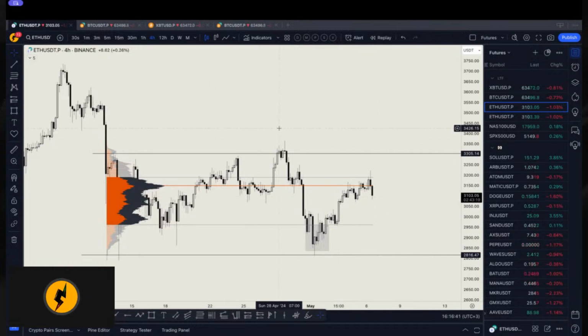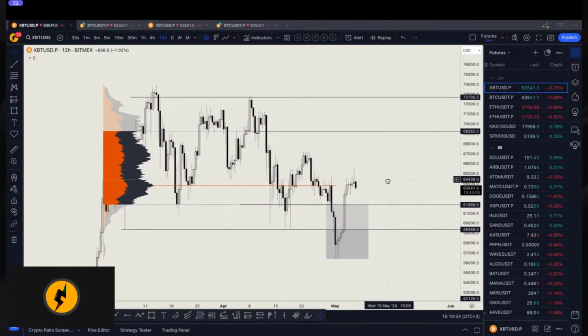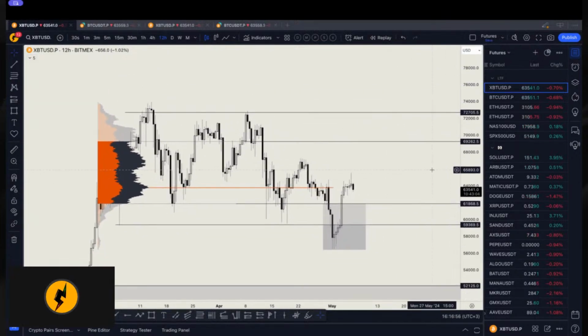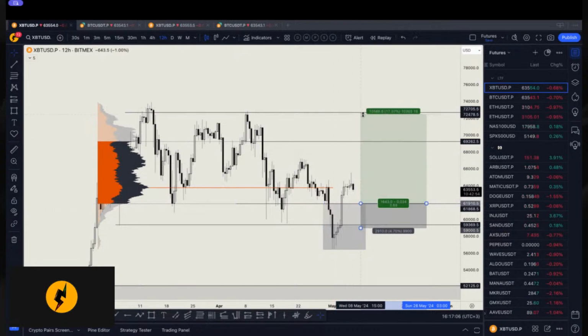So yeah, when it comes to actually trigger trading these setups, sure, we have a range on the 4-hour time frame on ETH, on the 12-hour time frame on BTC, but one thing I wouldn't do is set bids on the 12-hour time frame on this level and then target something like this, maybe a stop loss here.